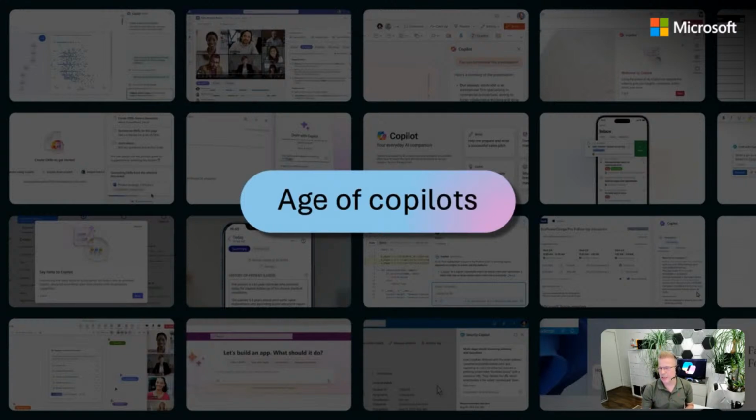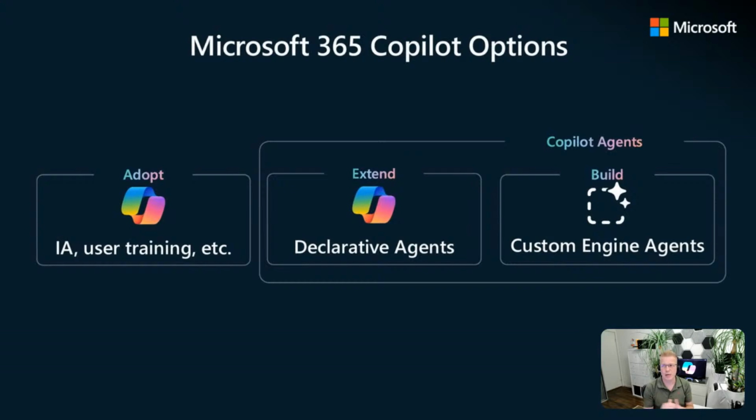First of all, if we think about the different extensibility options for the Microsoft 365 Copilot, or adjustment options, well, they are extensibility options. We can adapt the Microsoft 365 Copilot, and that means the information architecture and user training adjustments. So you're able to do a lot of stuff in the Copilot without any code, without any complexity.